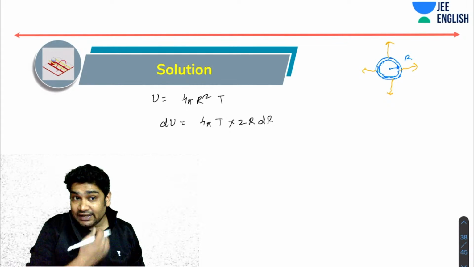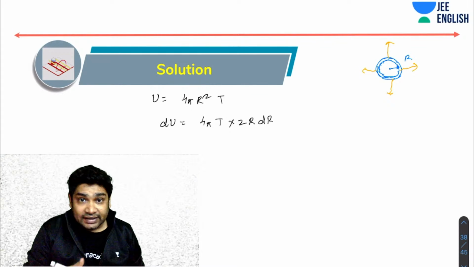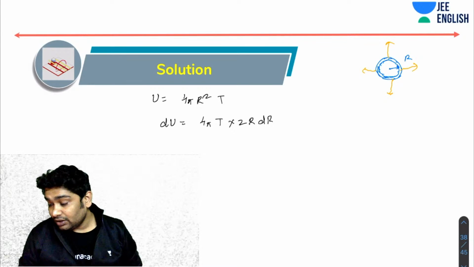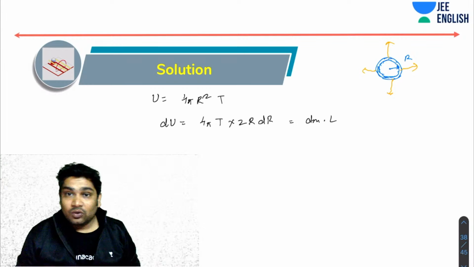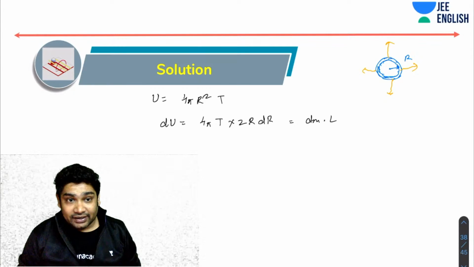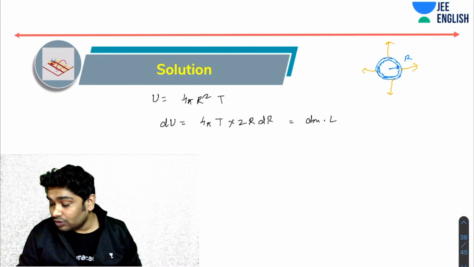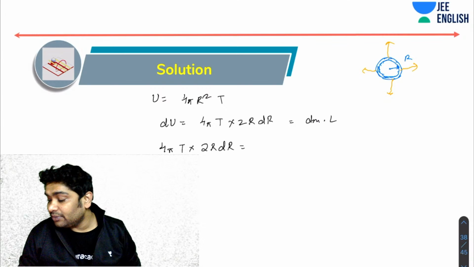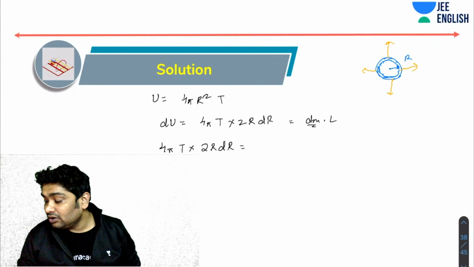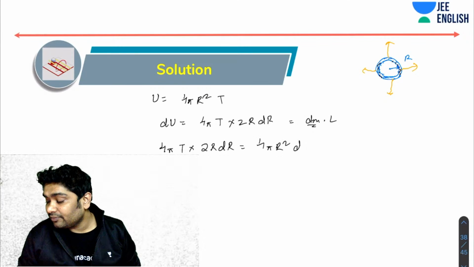Now you want this surface energy to be able to provide the latent heat for vaporization. This should be equal to dm times L, where dm is the mass that got evaporated. Okay. So what you realize is that 4π T into 2r dr should be equal to dm L. dm is the mass contained in this small segment. How much will that be? That will be 4πr² dr into ρ.